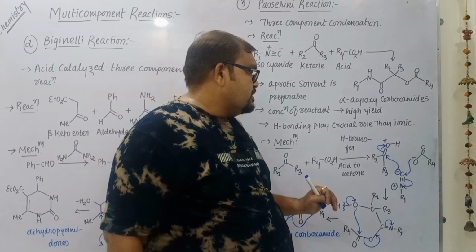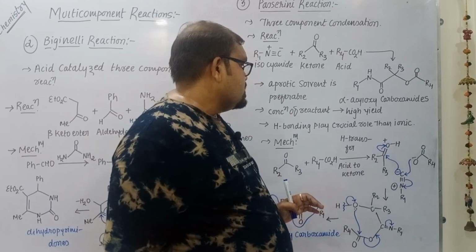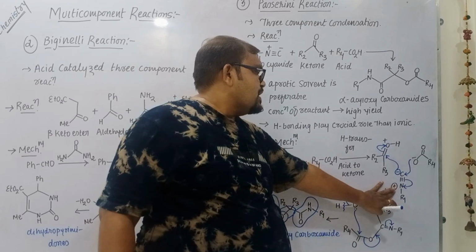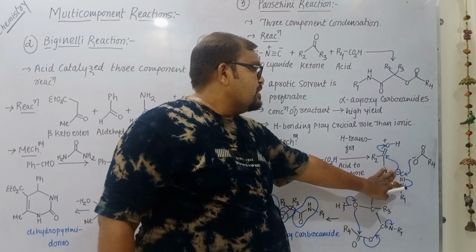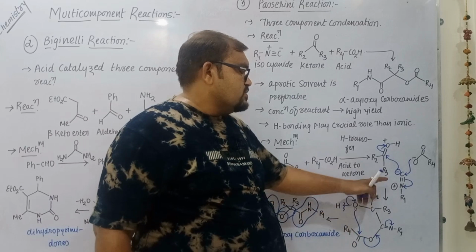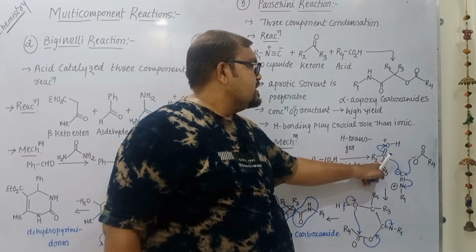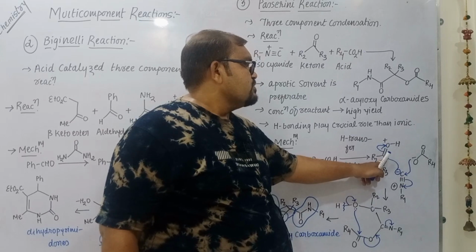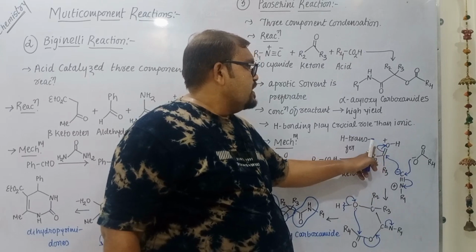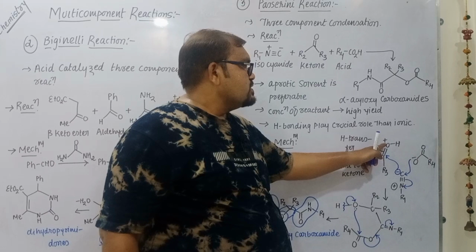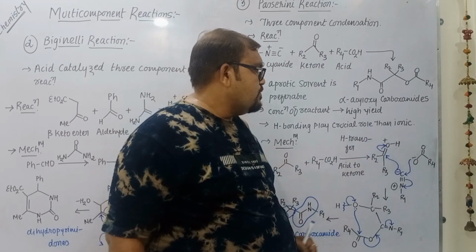Now, as we know, in isocyanide, nitrogen has a partial positive charge and carbon has a partial negative charge. So this negatively charged carbon will attach over this carbonyl carbon. So this pi bonding electron will be shifted over oxygen to satisfy the charge of oxygen.